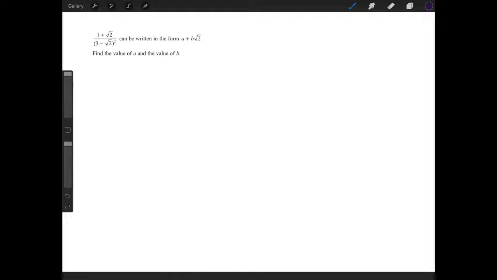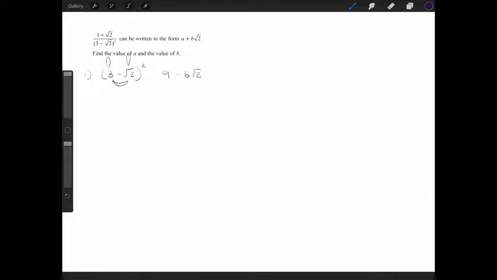And so the first thing I'm going to do is take the denominator and multiply it through so that I get the actual answer, okay? So 3 times 3 is 9. 3 times negative root 2 is negative 3 root 2, and 3 times negative root 2 is negative 6 root 2.